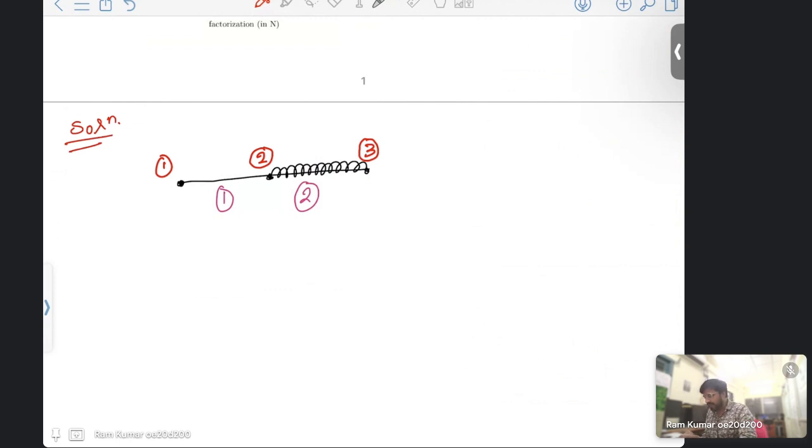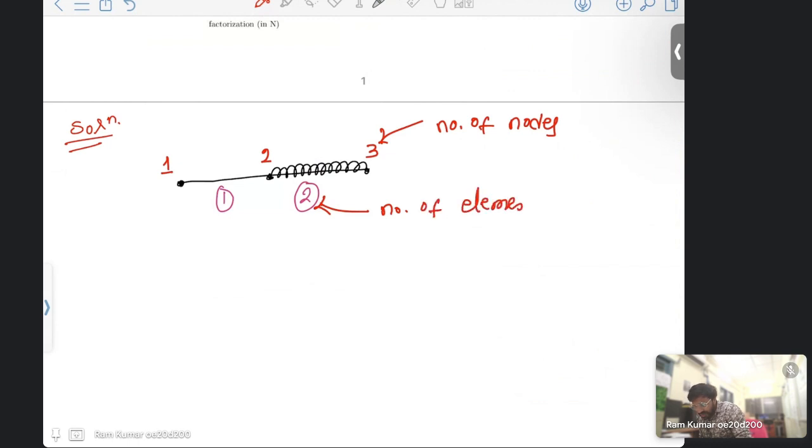Total we are having 3 nodes and 2 elements.